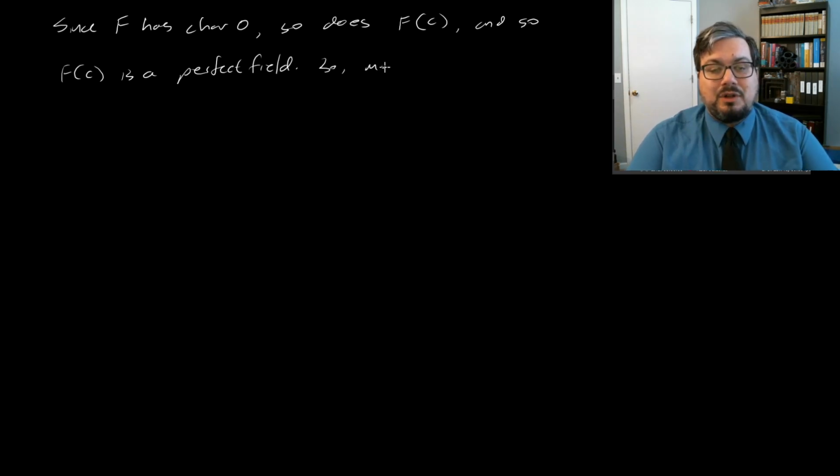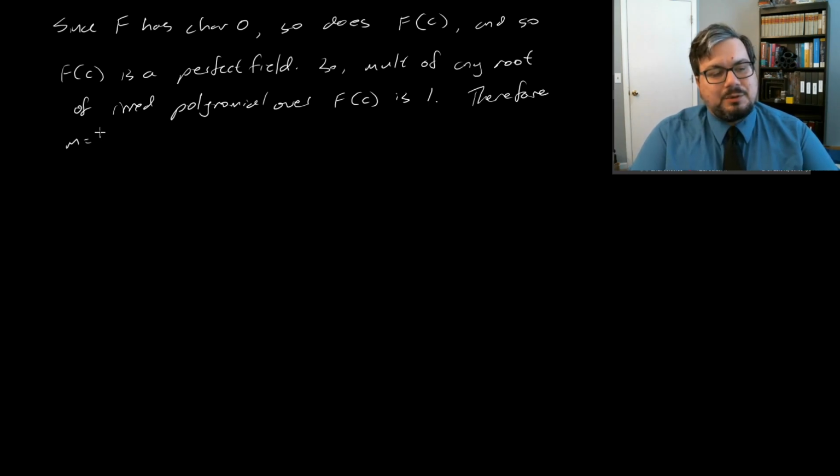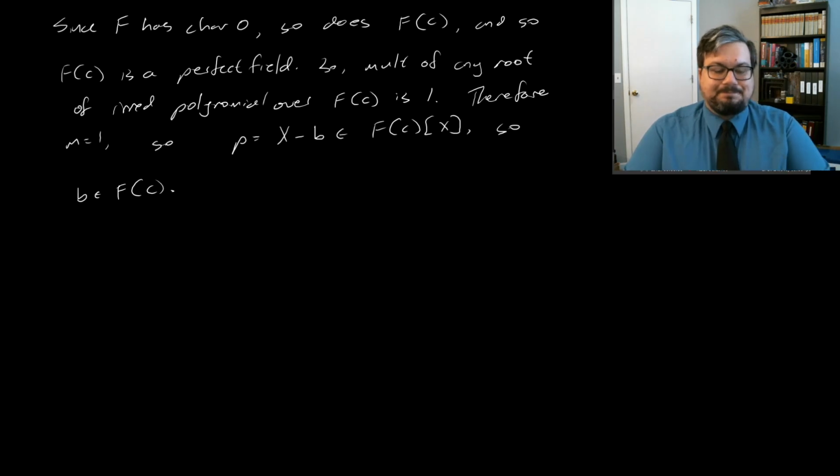So that means that the multiplicity of any root of an irreducible polynomial over f of c is 1. Therefore, m is equal to 1, so that means that p is equal to x minus b, which belongs to f of c adjoin x, so b belongs to f of c.